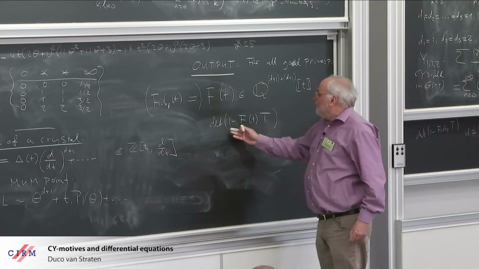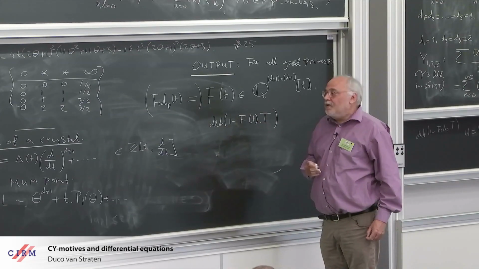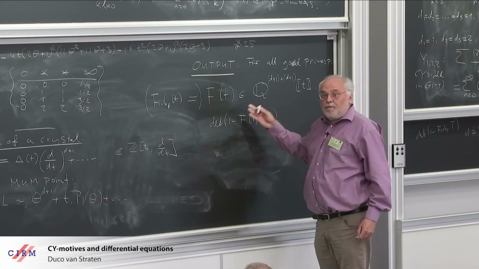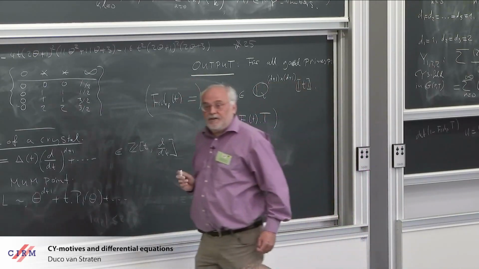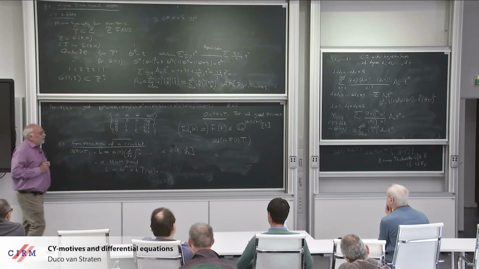So this is something you can do without having that family. So you can say it is the Frobenius operator which belongs to this differential equation. So you can, in a way, forget about the operator.